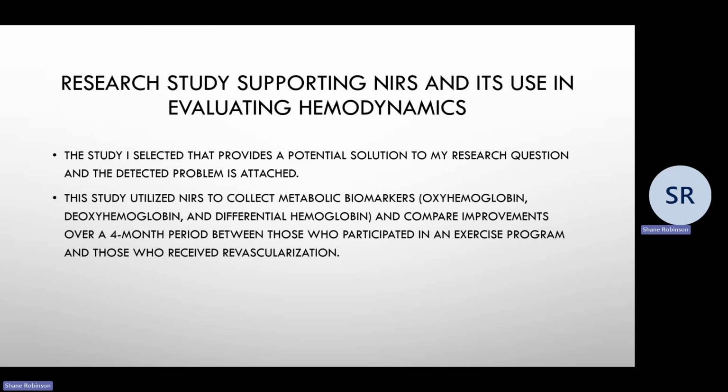And to compare exercise tolerance to the time of what you call intermittent claudication, when the lower limbs become ischemic and you have that cramping sensation, they used a device called near infrared spectroscopy, or NIRS. It is able to collect real-time metabolic biomarkers of oxyhemoglobin, deoxyhemoglobin, and therefore the differential hemoglobin levels of those O2 saturation components of the working limbs.